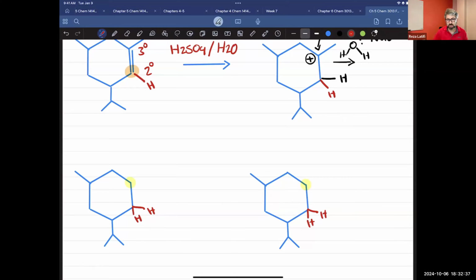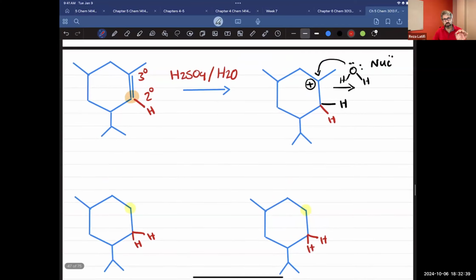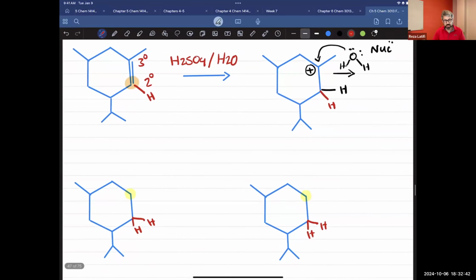And the yellow carbon has a substituent, and the substituent is methyl. In one case, I'm going to say addition happened from the top. If the addition happened from the top, I get OH on top of the molecule, and the methyl will go back.